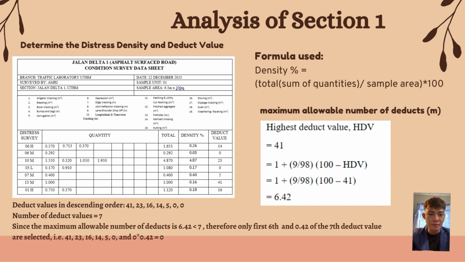So the maximum allowable number of deducts is 6.42, smaller than 7. So only 6 and 0.42 of the 7th deduct value are used. So the selected deduct values are 41, 22, 16, 15, 5, and 0.